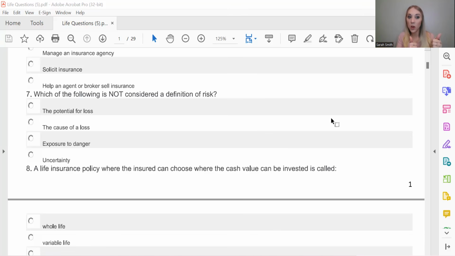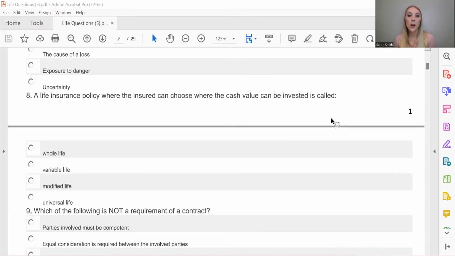So the potential for loss, the exposure to danger, or uncertainty. All of these can be definitions of risk. However, the cause of a loss is not a definition of risk because it has already happened. Now it's in the past. So it's no longer a potential for loss. We actually have a loss, and this is the cause.